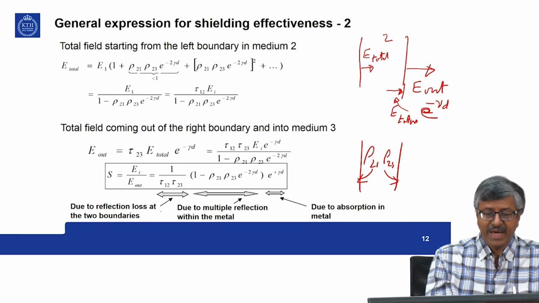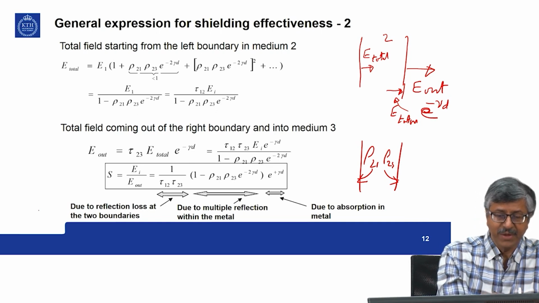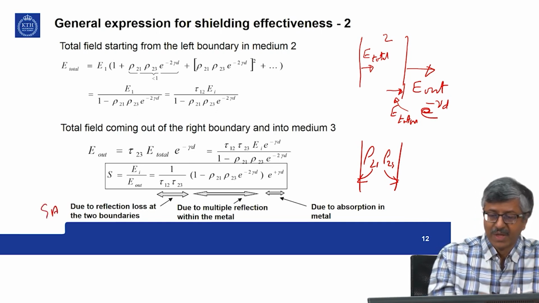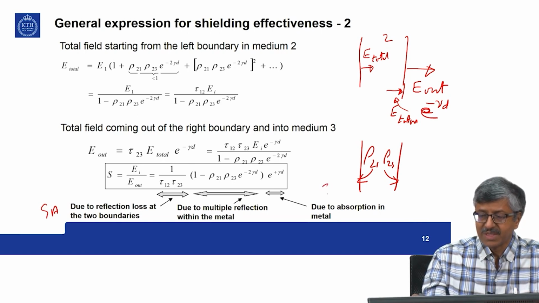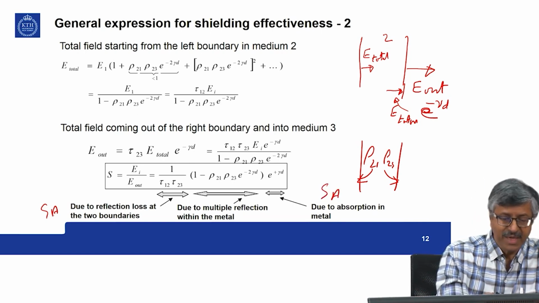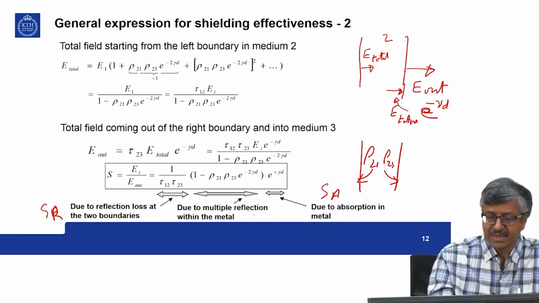So, this is S_A that you have seen before. Sorry, this is S_A, this is S_R, and this is S_MR. So, we go to the second module.